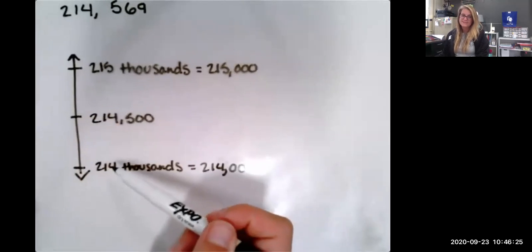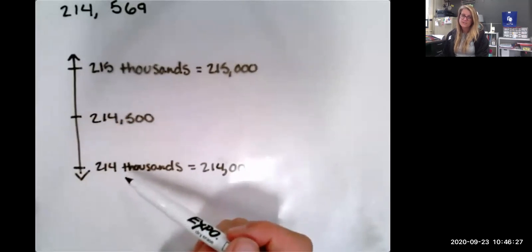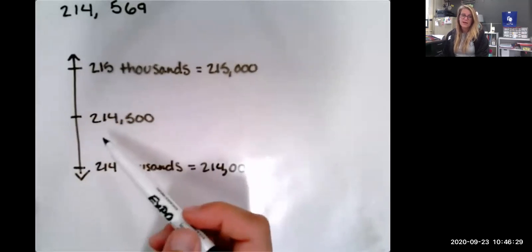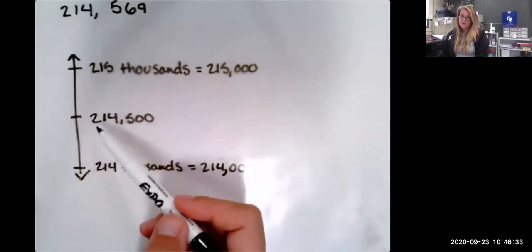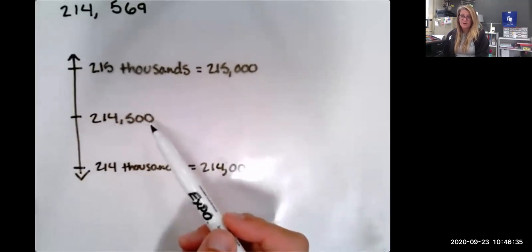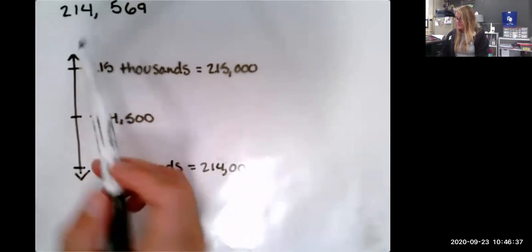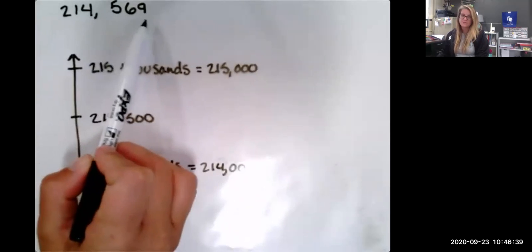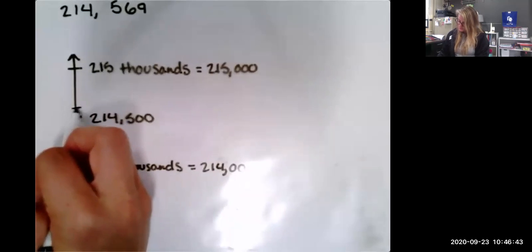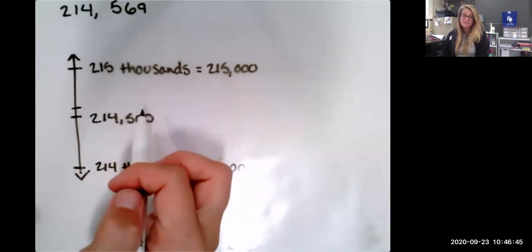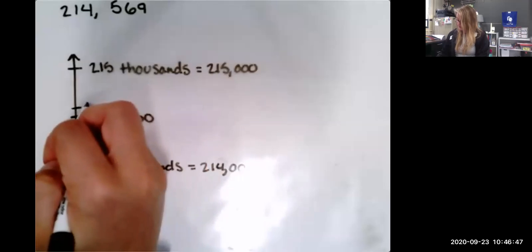Now, we need to figure out where this number is going to fall on our number line. It is definitely greater than 214 thousand, and you can look at it and recognize that it is also greater than 214,500 because it is 214,569. So it is very close to our midway point, but definitely higher.